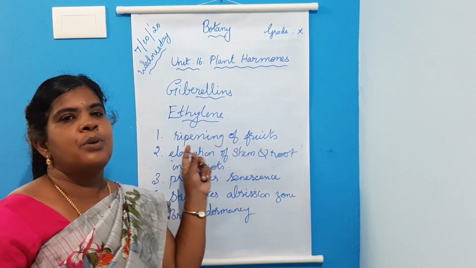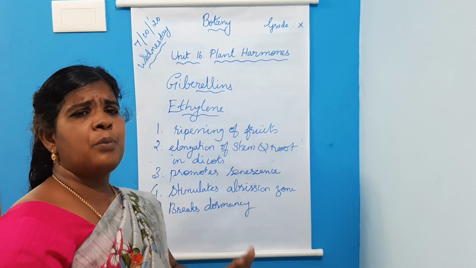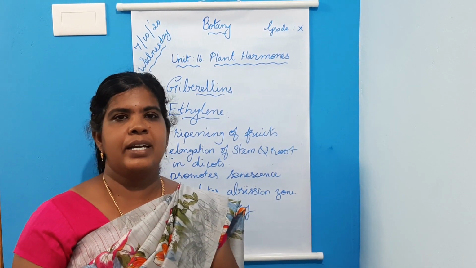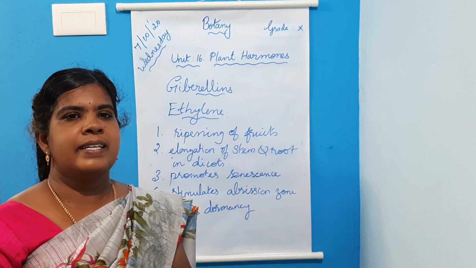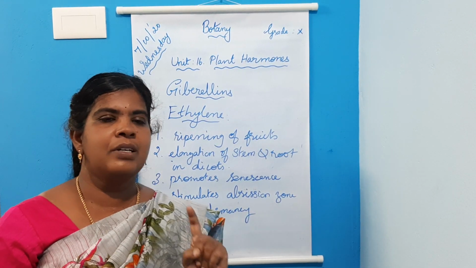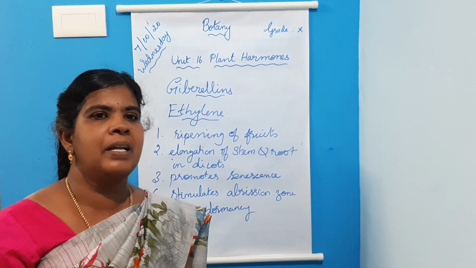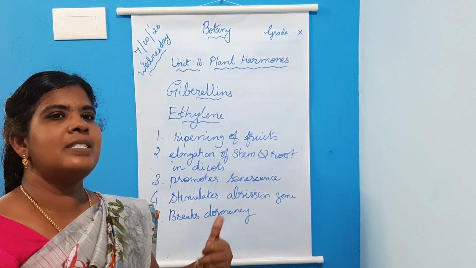Okay children, so you have learned about the five plant hormones: auxin, cytokinin, gibberellin, abscisic acid and ethylene, isn't it? Which is the first plant hormone discovered? Auxin. Which hormone is most abundant in plants? Gibberellic acid or gibberellins.